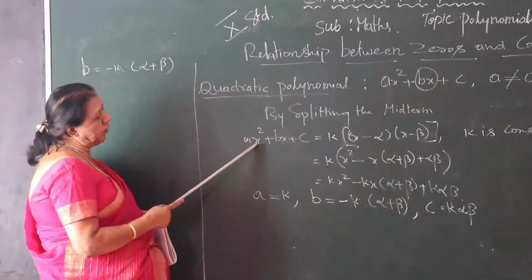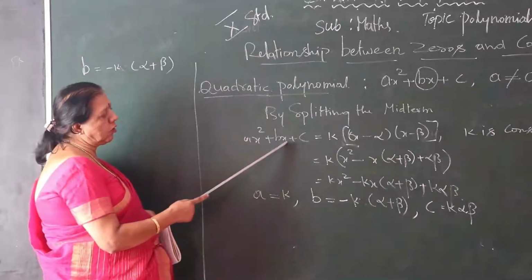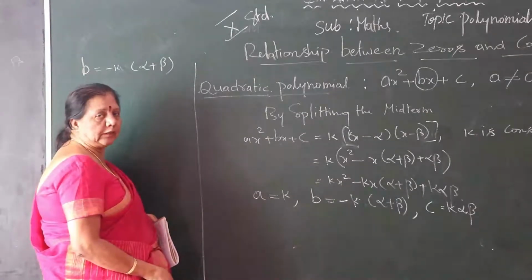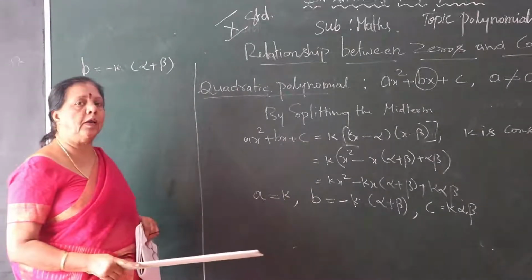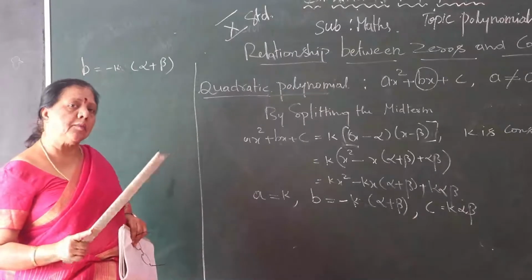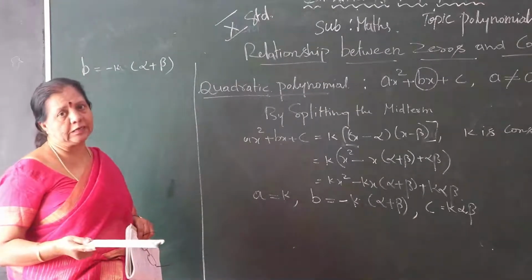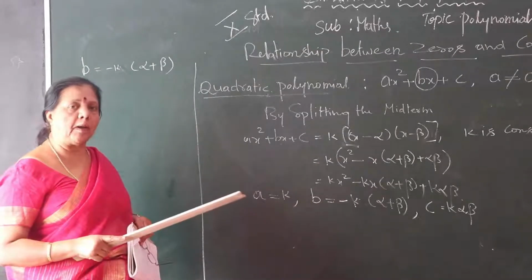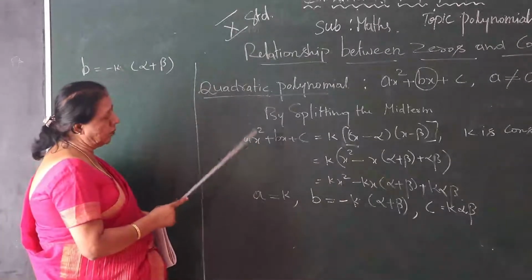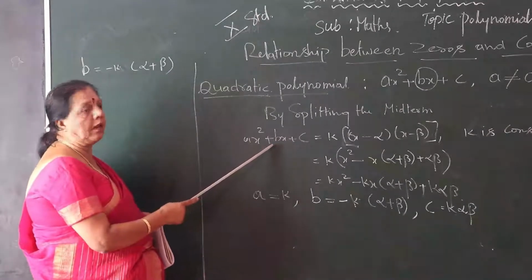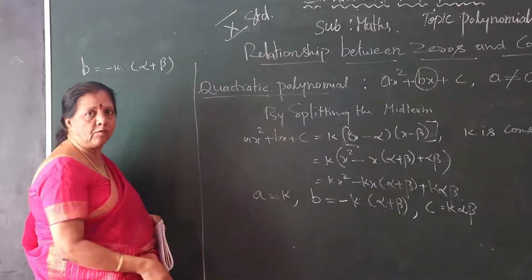What is the coefficient of x square? a. What is the coefficient of x? b. c is constant. Understand that? Linear polynomial ax plus b: what is the coefficient of x? a. b is constant. So here in the quadratic polynomial, the coefficient of x square is a, the coefficient of x is b, and c is the constant.